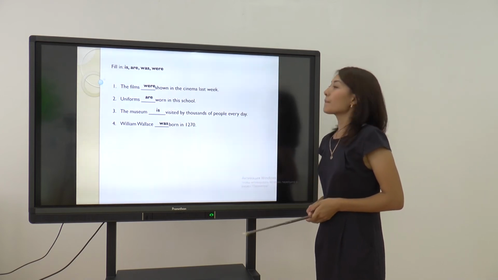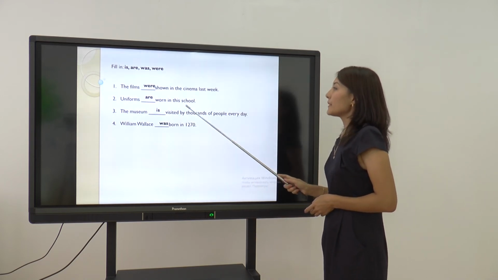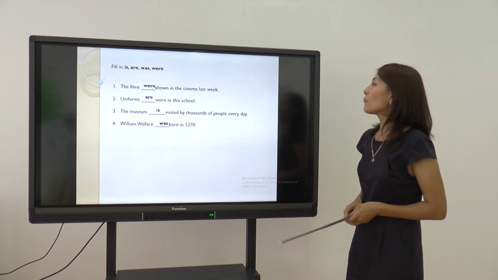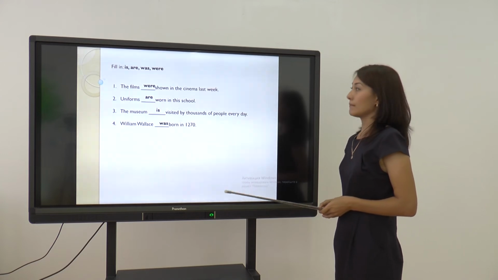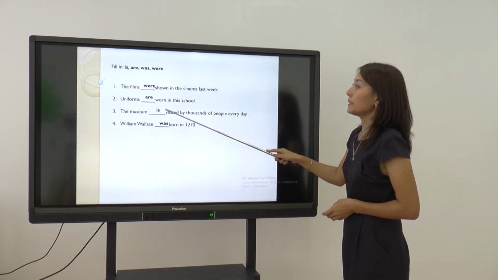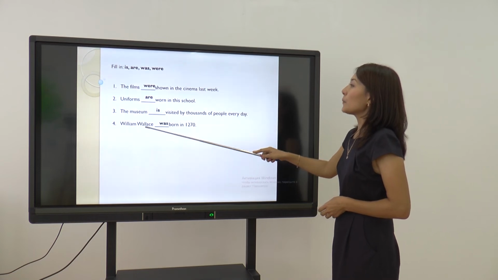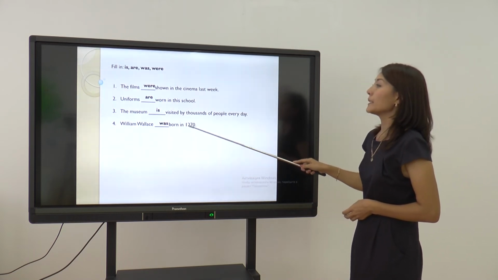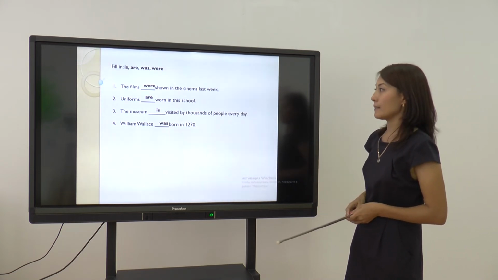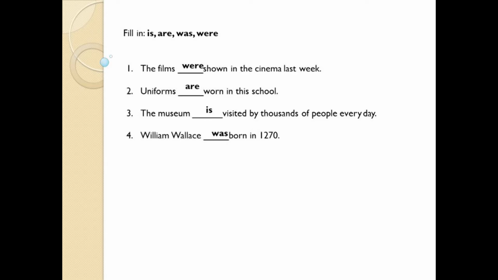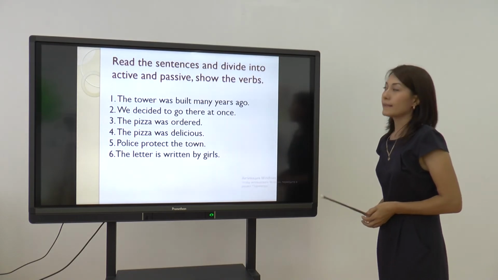Next, number 3. The museum is visited by thousands of people every day. We use is here. Okay, good. And the 4th, William Wallace was born in 1270. We use past was here. Okay, good. Thank you.